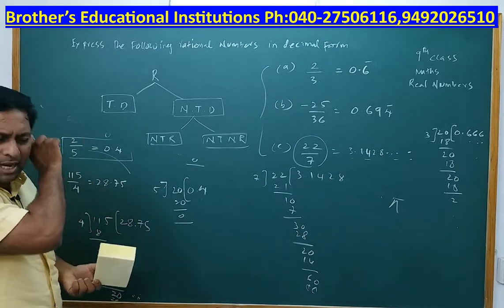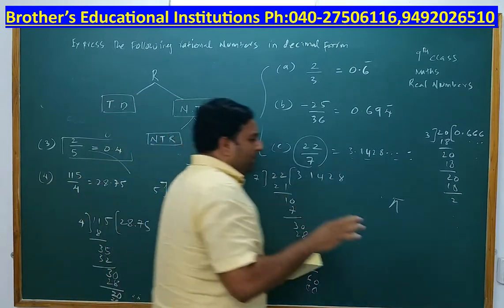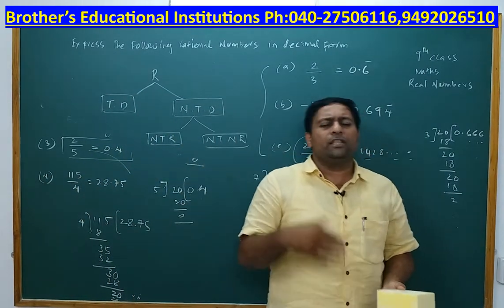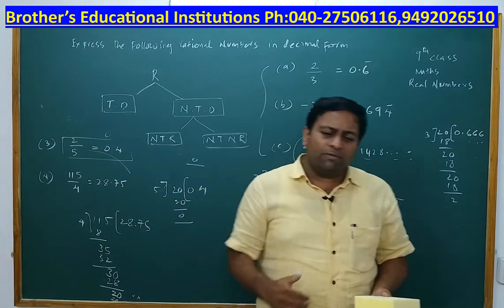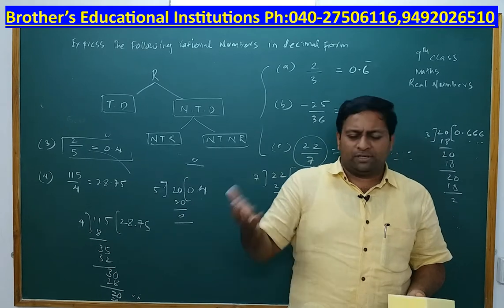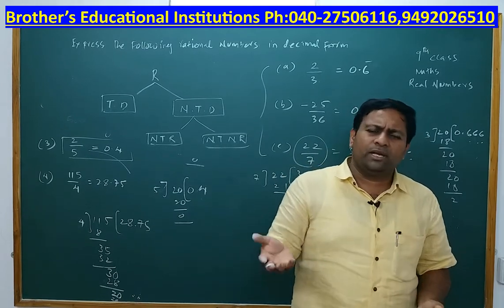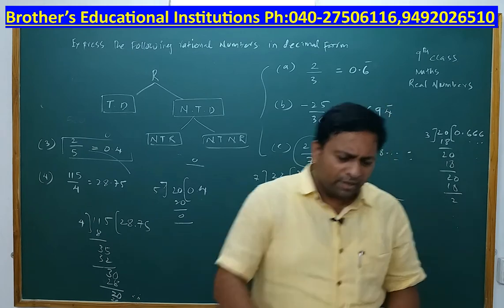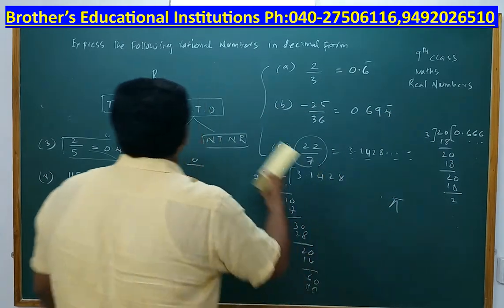So you have taken the classic examples of representing a rational number in the form of P by Q. Now what we will do is, we will try to do a reverse. A decimal form is given to us and we will try to express it in the P by Q form. Right? Please take this question.